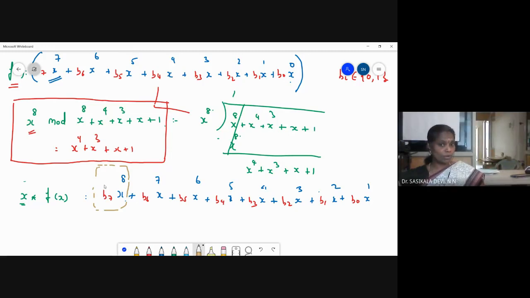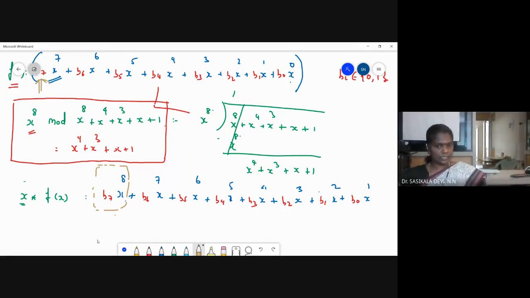If the b7 bit is 0, the resultant polynomial is over GF(2^8), no problem at all. But if the most significant bit is not equal to 0, if it is equal to 1, then further processing is required. So the b7 bit decides the operation.